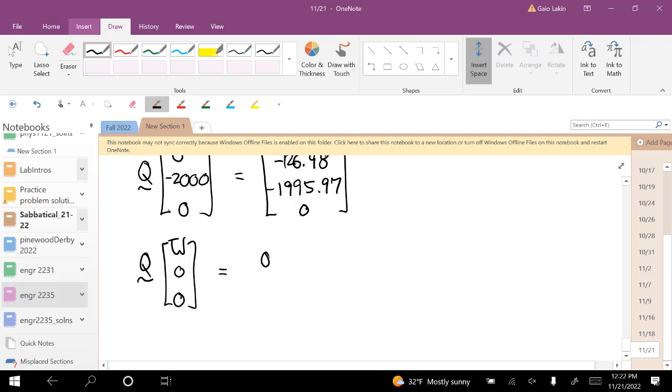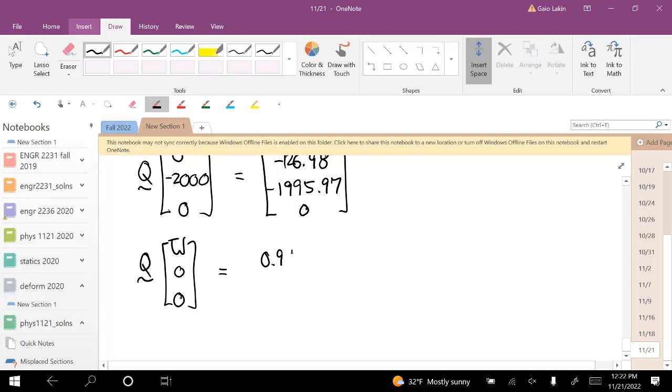And you get 0.998 W, negative 0.063 W, 0.